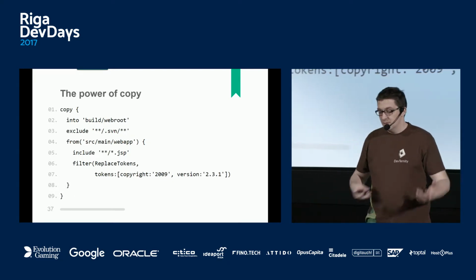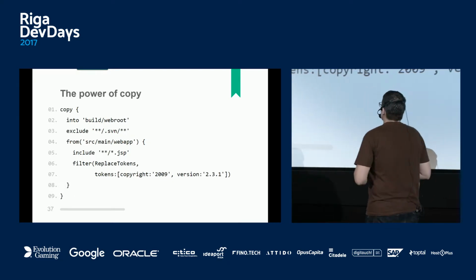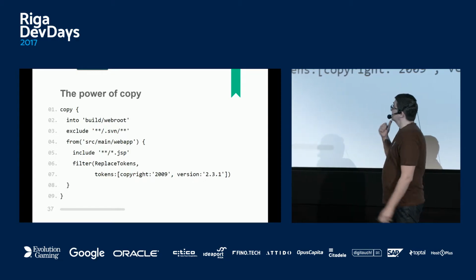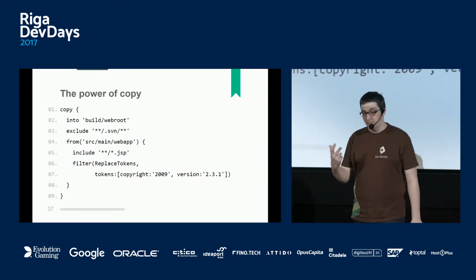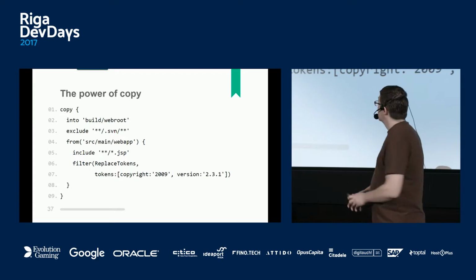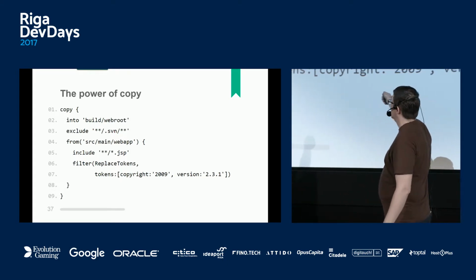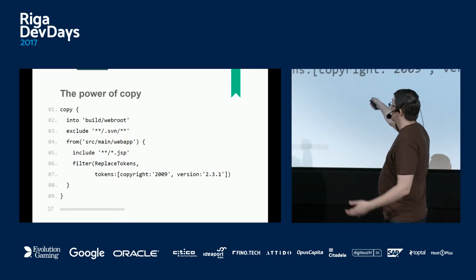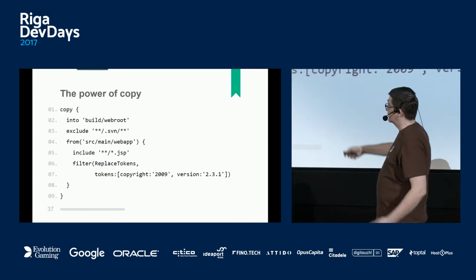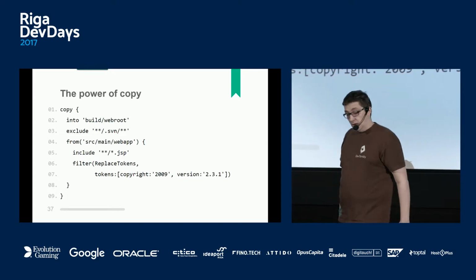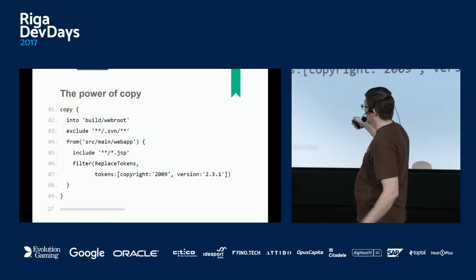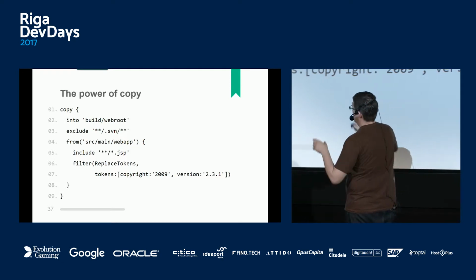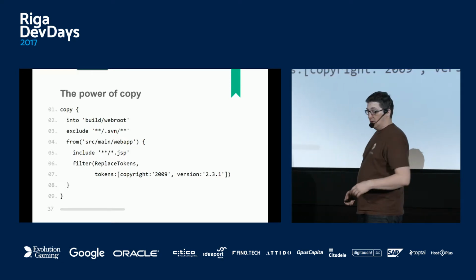It's copying files, processing them, doing some filtering on top of them, and the copy language, or copy DSL, is quite powerful. So in here we say we have to copy it somewhere. We're excluding some stuff, we're copying it from somewhere, and we can have more than one from source. And we can then filter it on the from level, and we can also do some replacements.